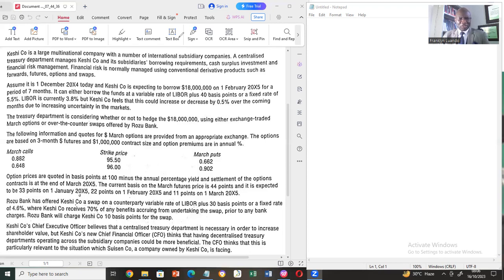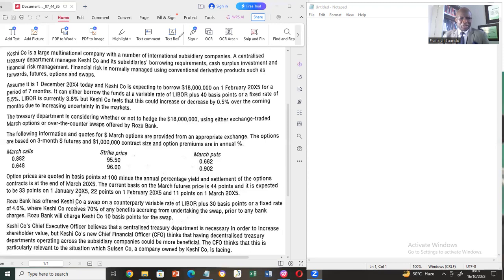The treasury department is considering whether or not to hedge the 18 million using exchange-traded options. So we are looking at the options. The following information and quotes for dollar options are provided from an appropriate exchange.